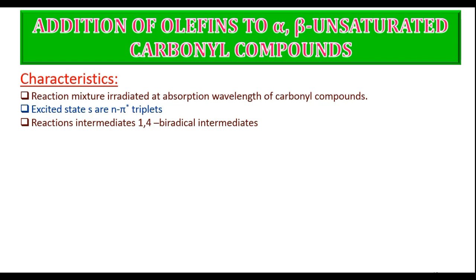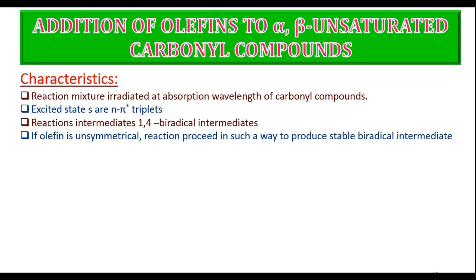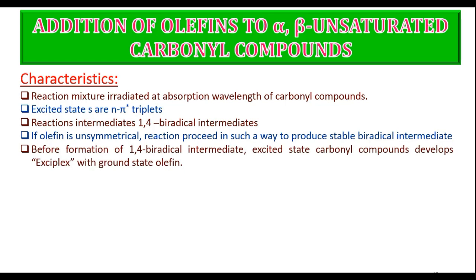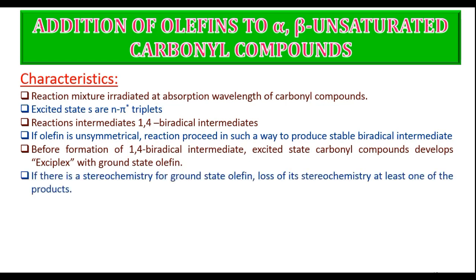Here, if the olefin is unsymmetrical, then it is going to produce the stable diradical intermediate. Before formation of the diradical intermediate, it forms a transition state called an exciplex. What is that? An exciplex with a ground state olefin. If there is a stereochemistry for the ground state olefin, the stereochemistry of the olefin is lost.